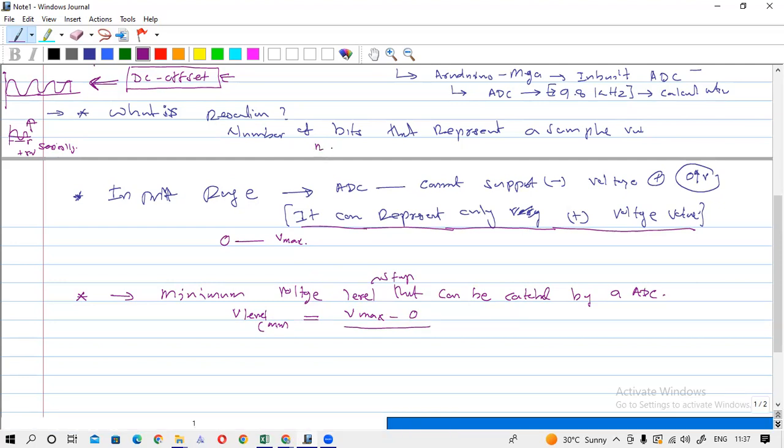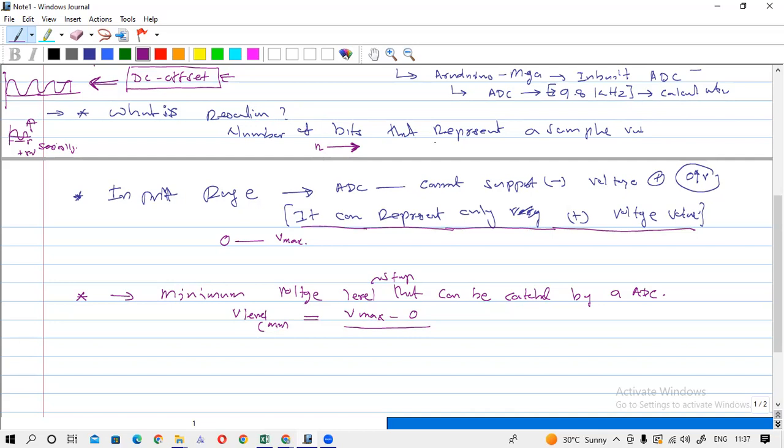If there are n bits, how many voltage values can you represent? I have told you that resolution is the number of bits, and that number of bits will represent a voltage value.